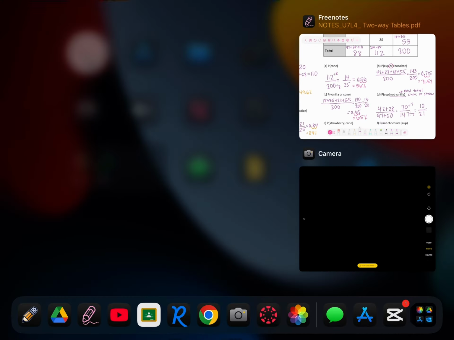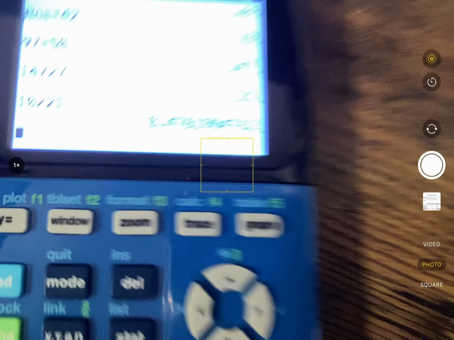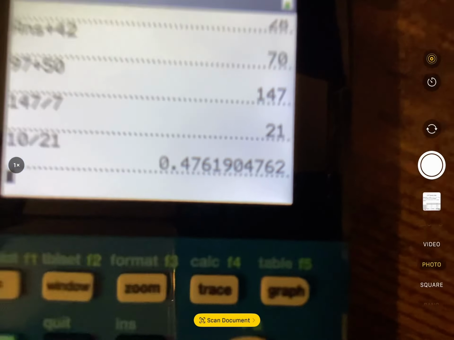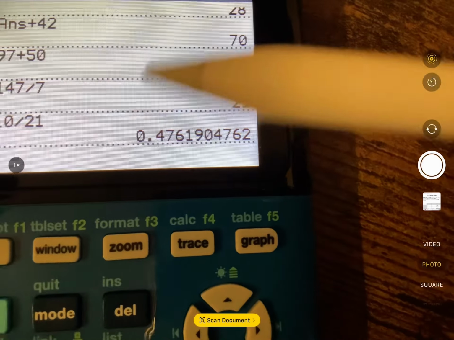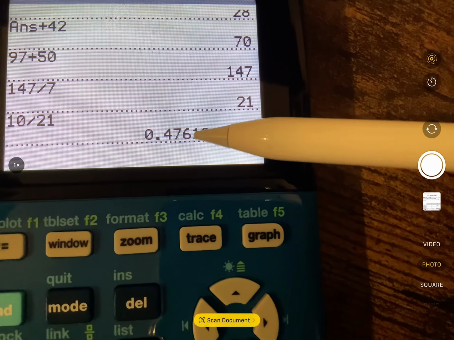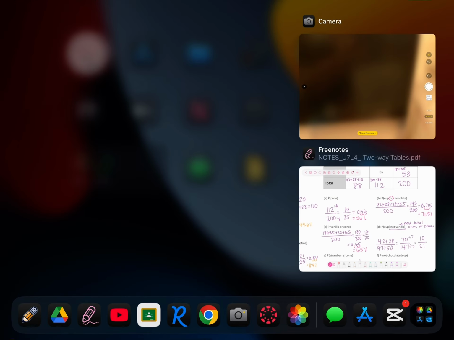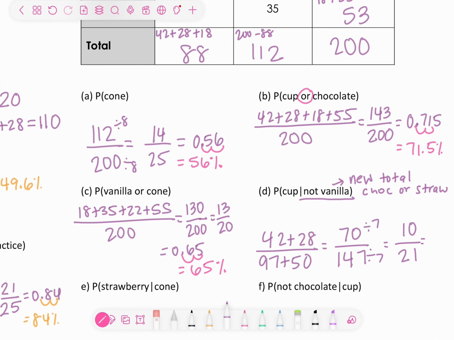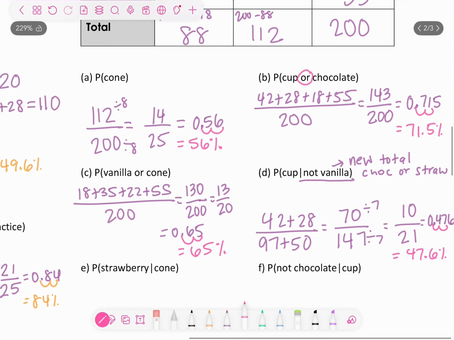So it's 0.476, and I'll just round at the 6. So 0.476. And then go ahead and move our decimal. So that's going to be 47.6%.